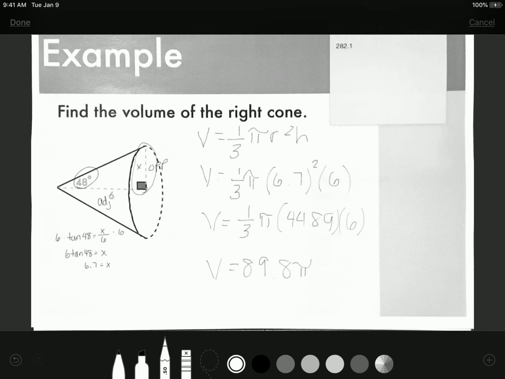Since we have decimals, we might as well keep going. We can multiply 89.8 times 3.14, and our volume is 281.9 units cubed. There's our final answer.